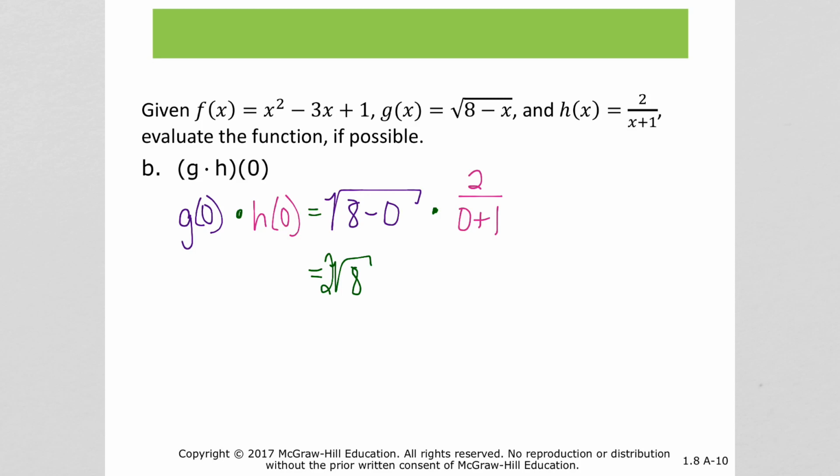So it's just 2 square root of 8, or to simplify the square root of 8, that's 2 square root of 2, because we would have 4 times 2, and the square root of 4 is 2. So it's actually 4 square root of 2.